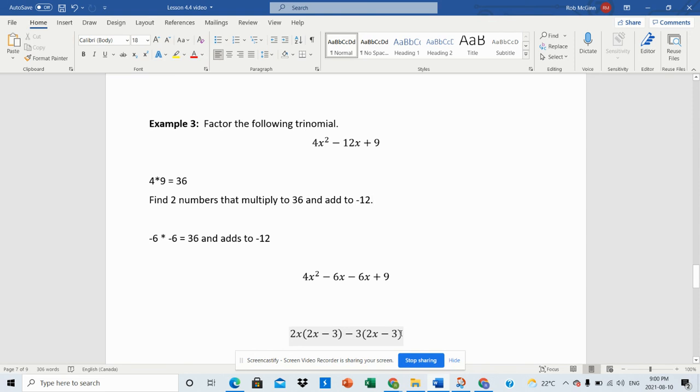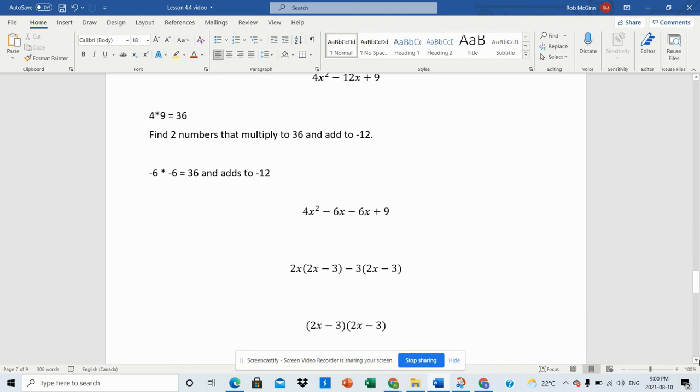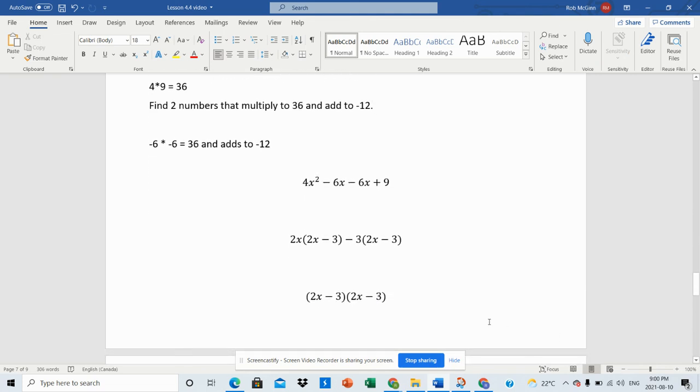So what am I left with? Well, 2x minus 3, that's what's inside my brackets, and 2x minus 3 is left outside my brackets. So I could leave it like that as 2x minus 3 times 2x minus 3.